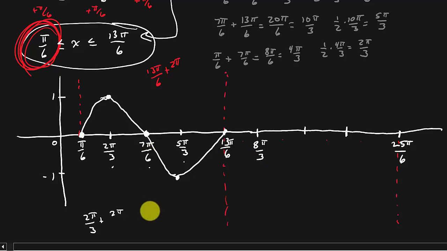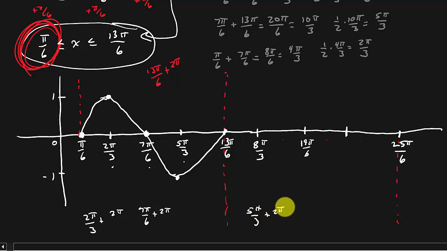And if I add 2 pi to this one, 7 pi over 6 plus 2 pi, that's 19 pi over 6. I'll have to check myself. And then 5 pi over 3 plus 2 pi.